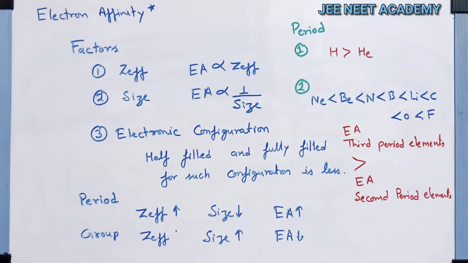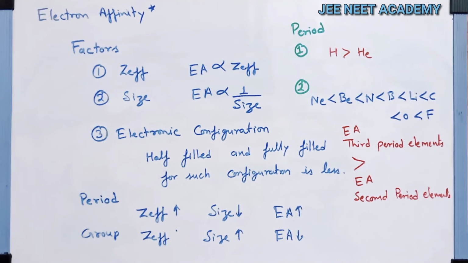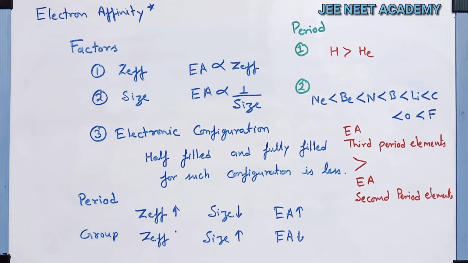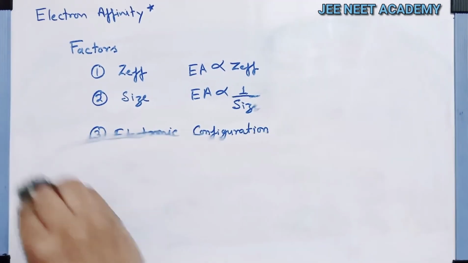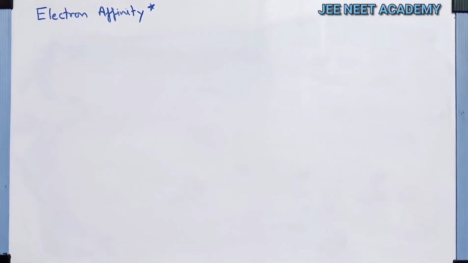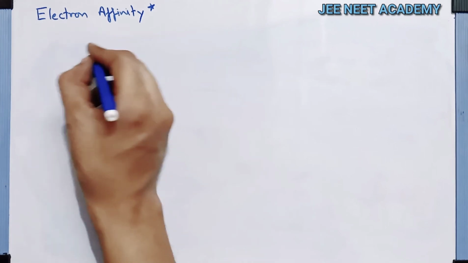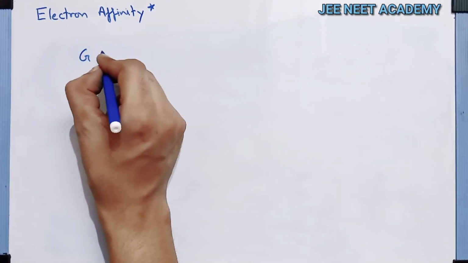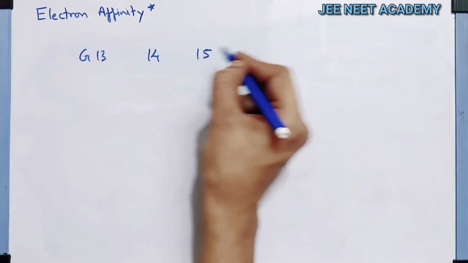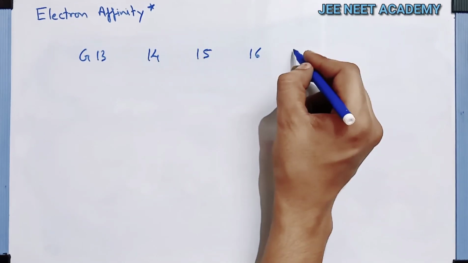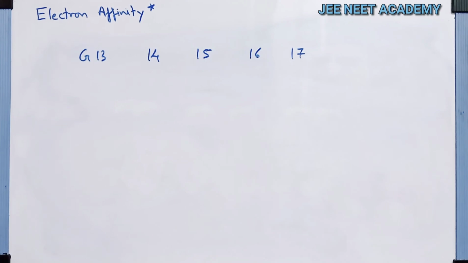Now for group 13, 14, 15, 16 and 17, the p block, we'll see.